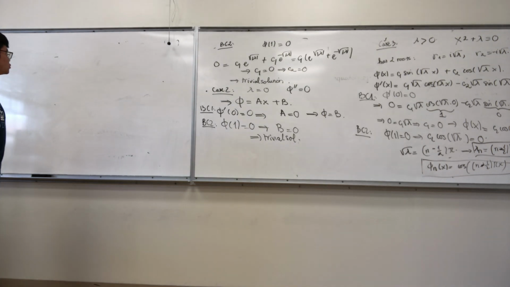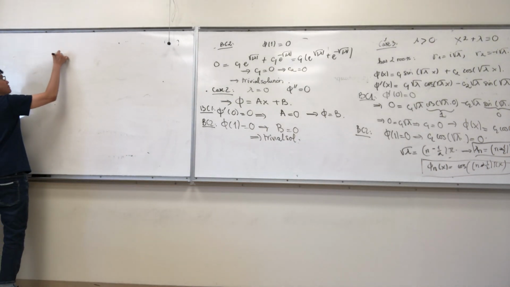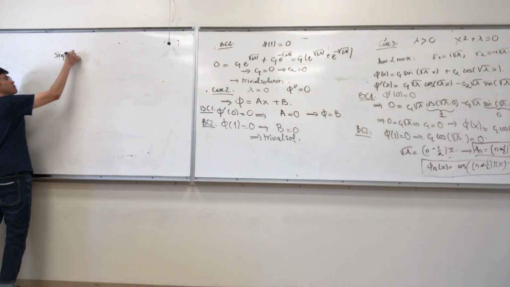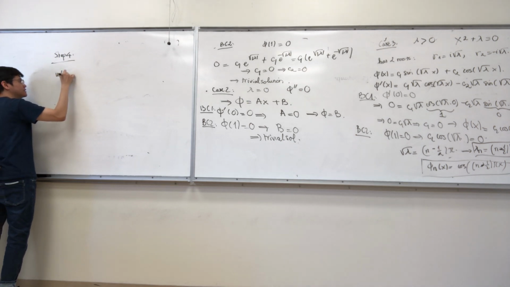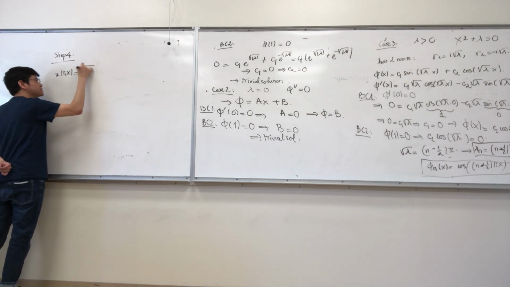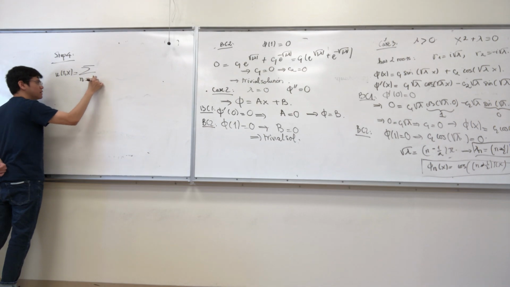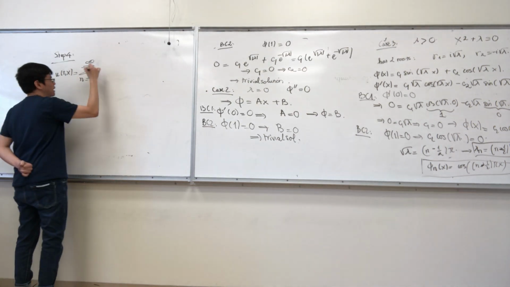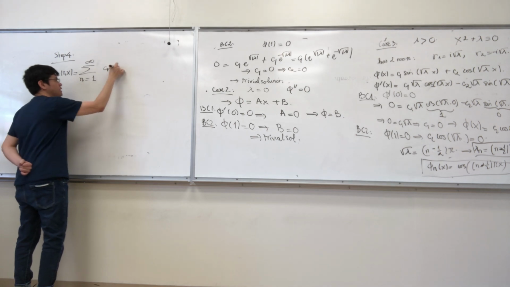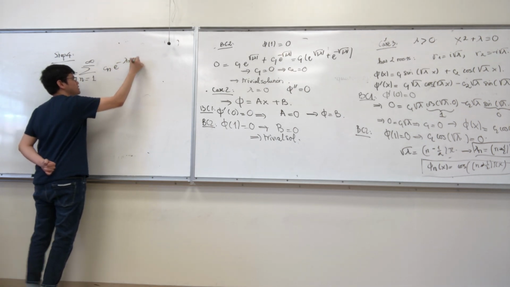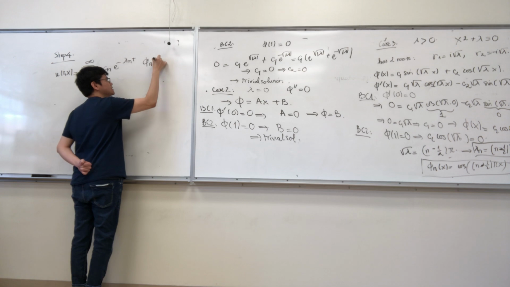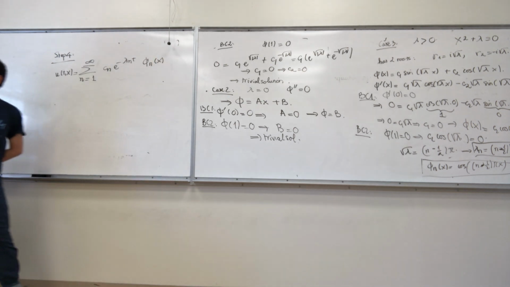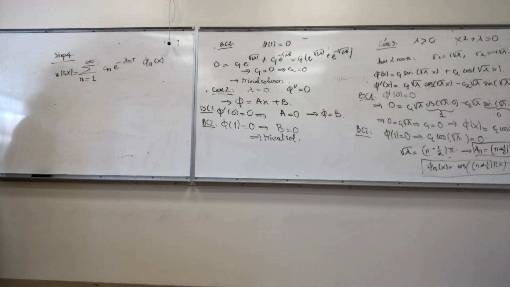So the solution will be, now we go to step number 4, u(t,x) will be the sum when n is going from 1 to infinity of Cn e to the power minus lambda n t phi n x. This is a general formula for the solution.